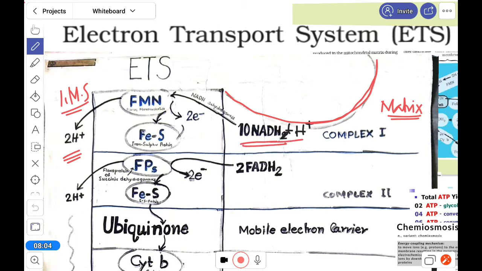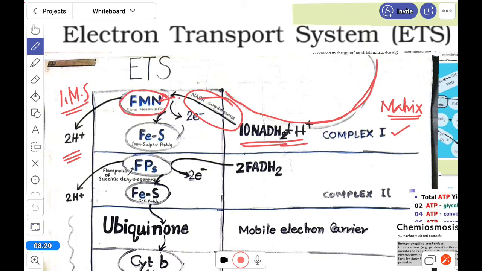NADH plus H+ in complex 1 will fix, and NADH dehydrogenase splits this in flavin mononucleotide.